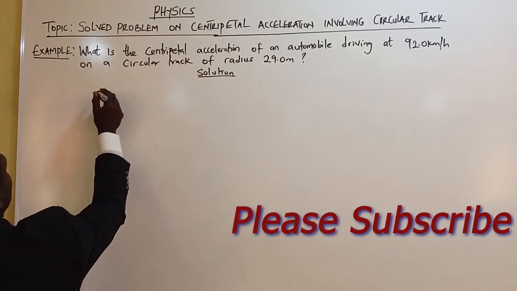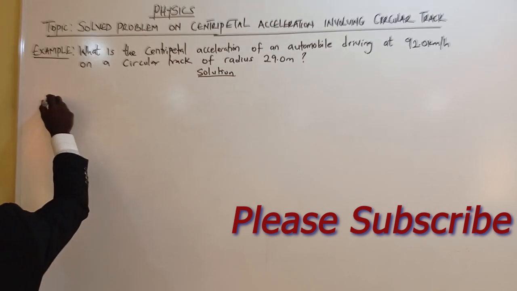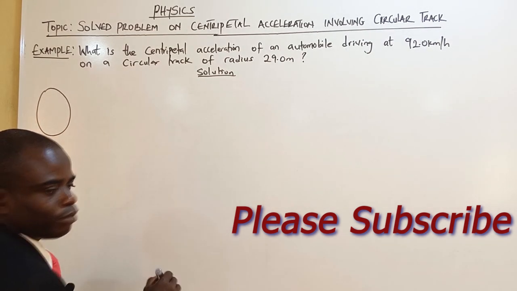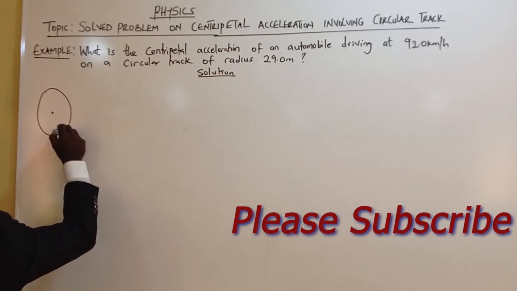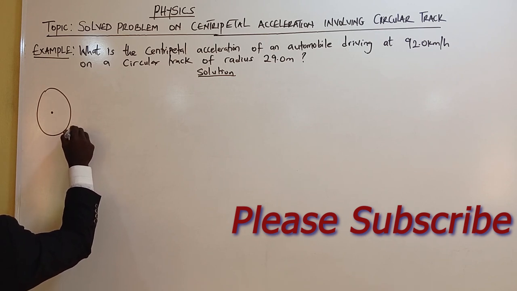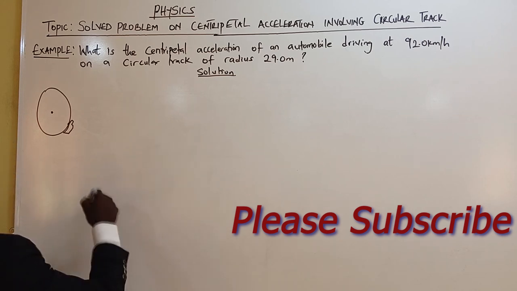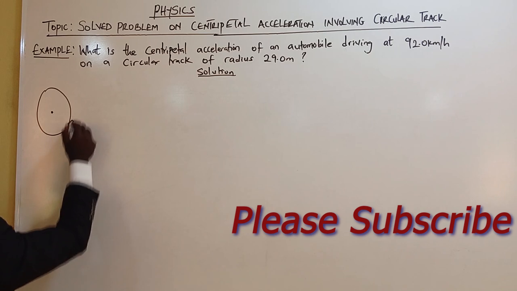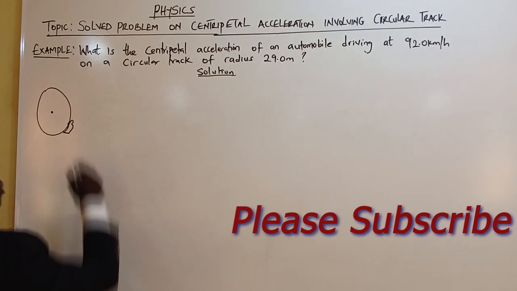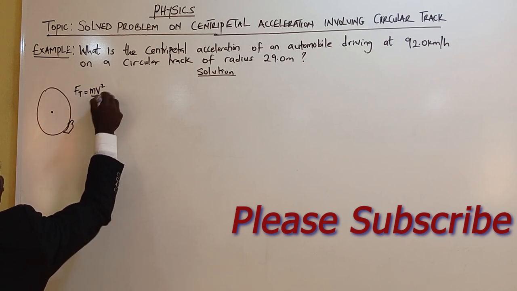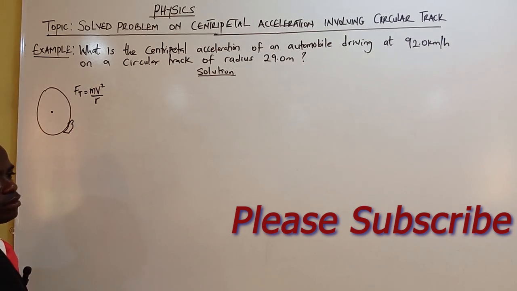Okay, centripetal acceleration. In the last class, I told us that we have an object moving in a circular path, and let's assume this is a car moving in a circular path. The force that keeps it moving around the circle without skipping away from the circular path is called centripetal force, and the centripetal force keeping it is taken as mv squared over r.